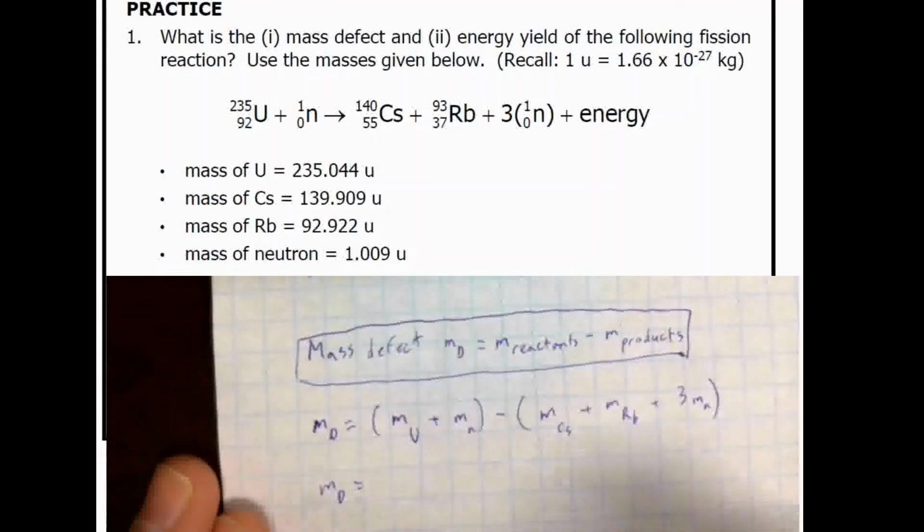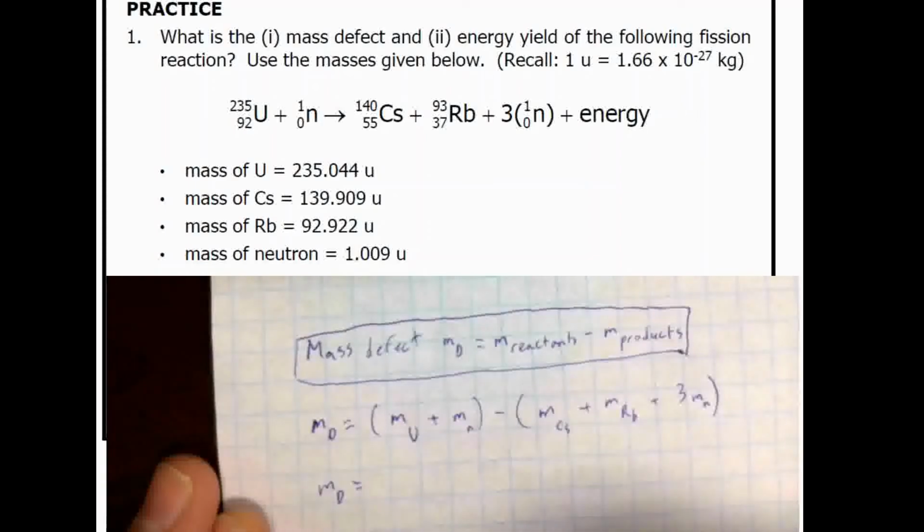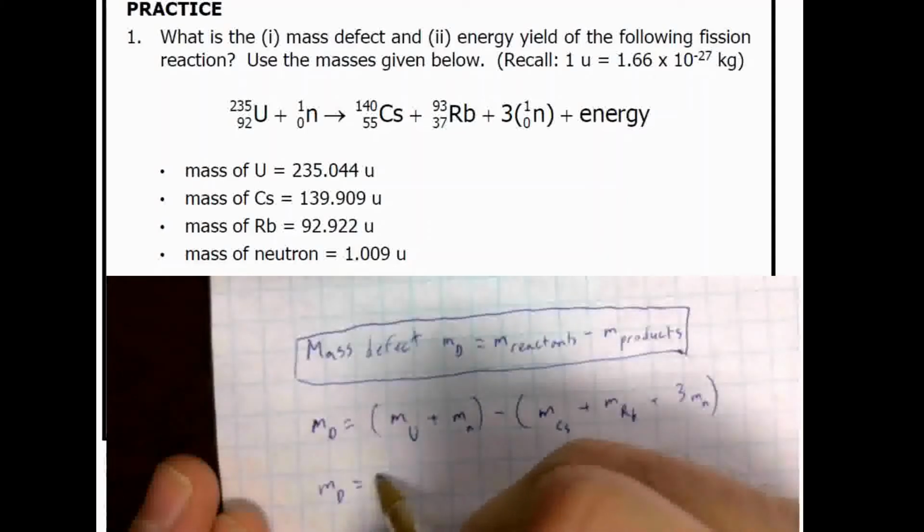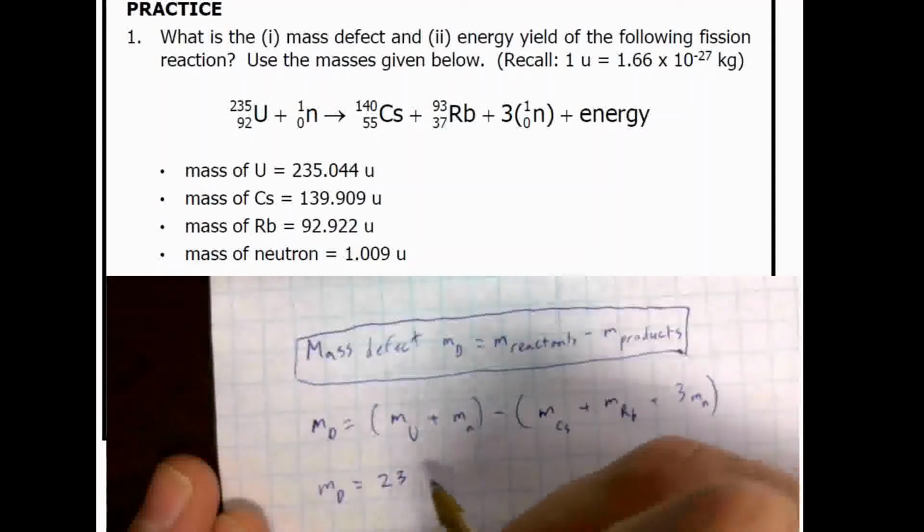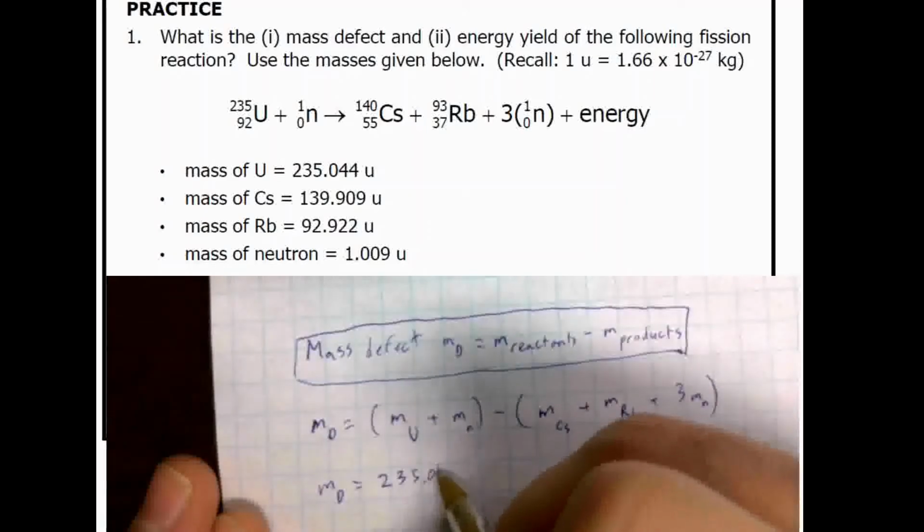So for MU, I will write down everything and keep it in atomic units until I'm ready to convert at the end.